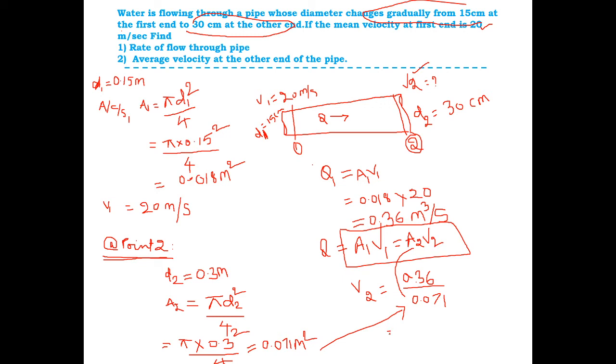Finally, you will get V2 as 5.07 meters per second.